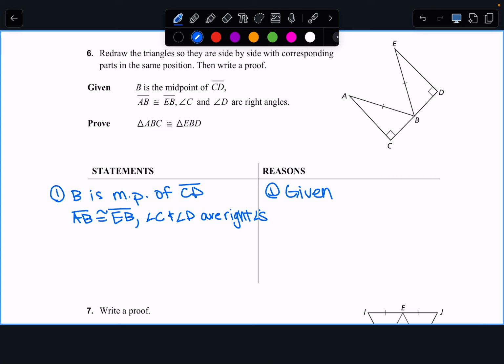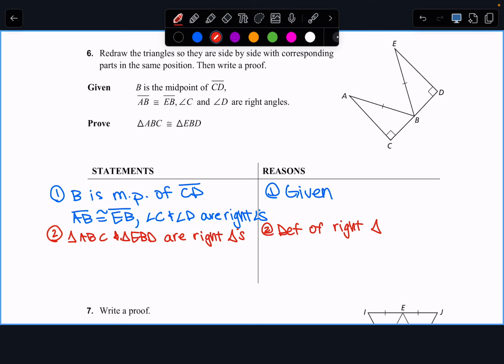Okay? So we need to actually say, hey, triangle ABC and triangle EBD are right triangles. Would that be different? I would just say definition of right triangle. Okay? We have one angle in each that are right angles. So we need to say, hey, they're right triangles. Like we need to actually say that.